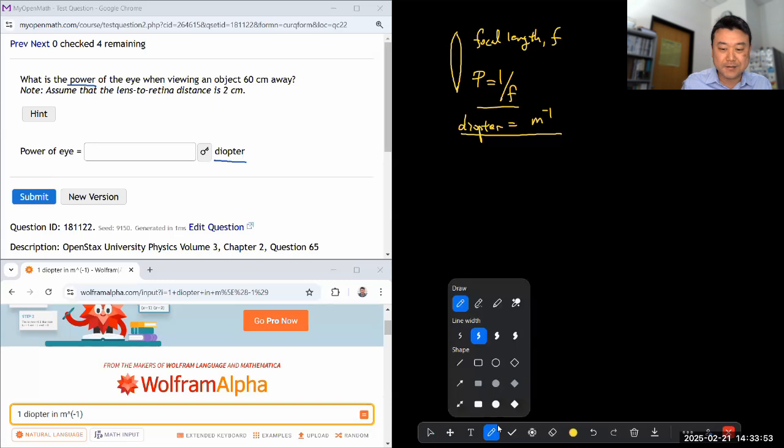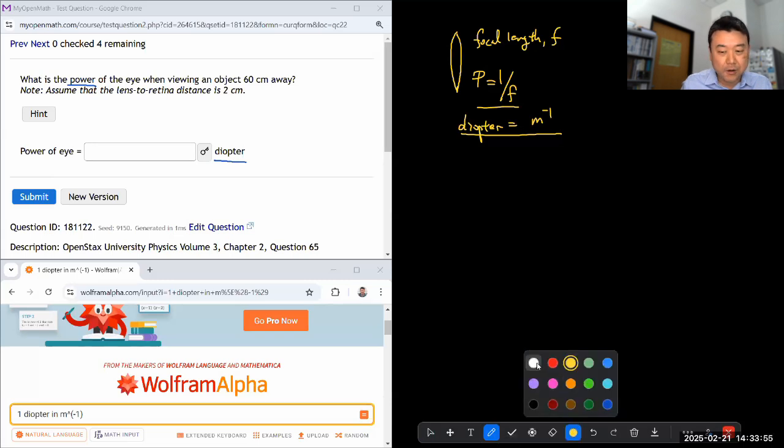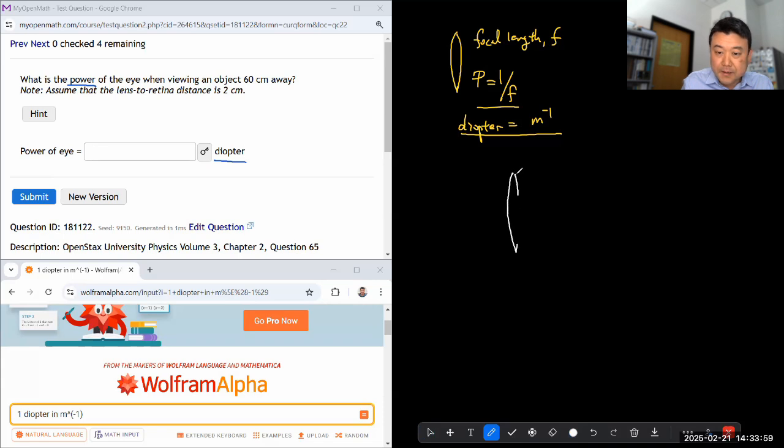Okay, let's just start sketching. So eye, when we talk about it in context like this, it's basically a lens, or at least that's the part we are interested in. And it's already told you where the object is. So object is 60 centimeters away. So that's given us the object distance dO.